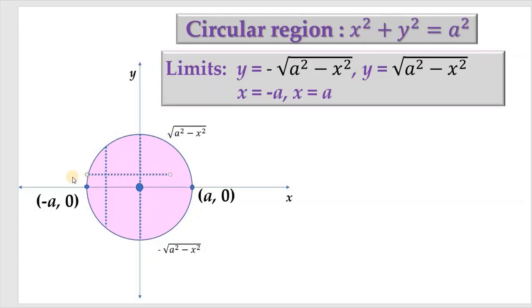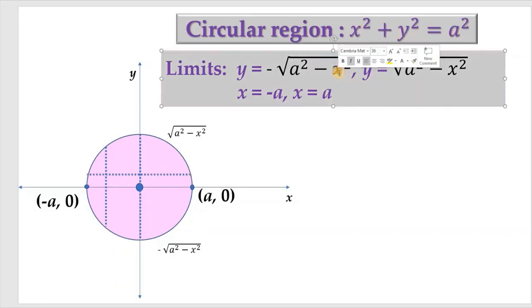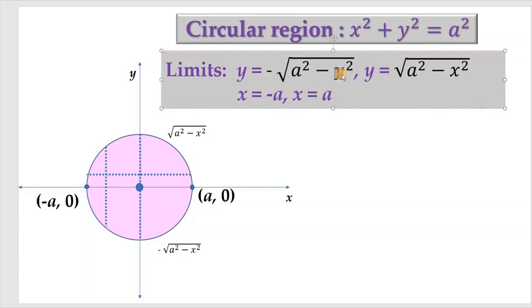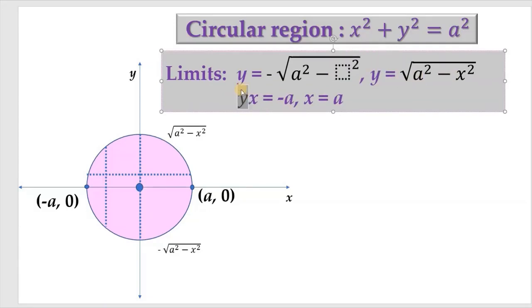It varies over x first, because it's a point on this line parallel to the x-axis, so x alone should vary. So you have to give the limit for x. In that case it will be root of a square minus y square, and here also it will be that. Instead of x, you will have a square minus y square.